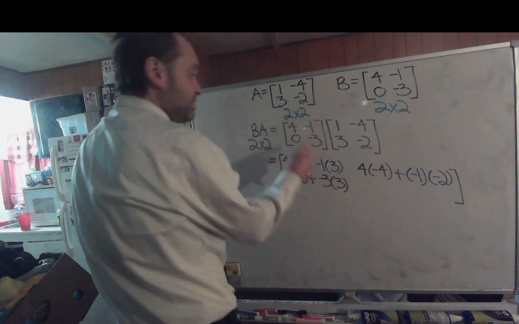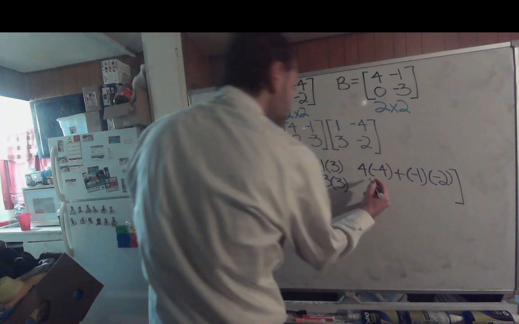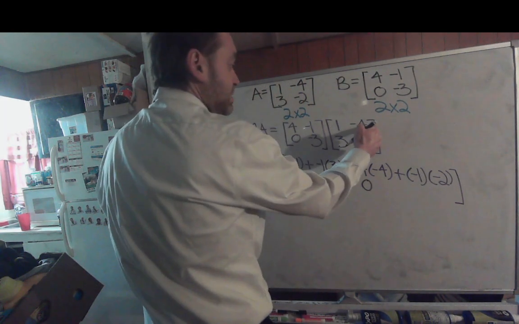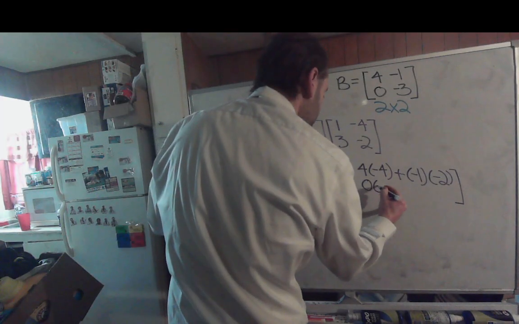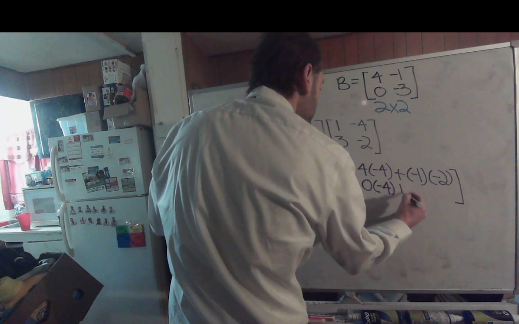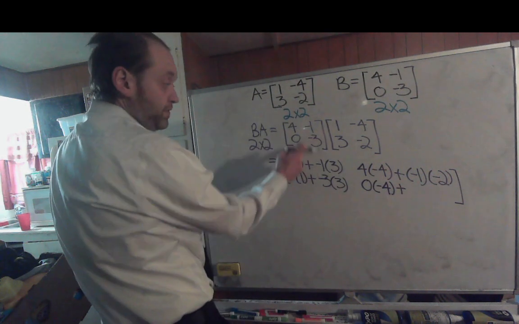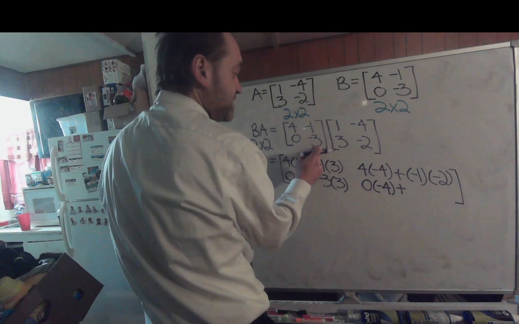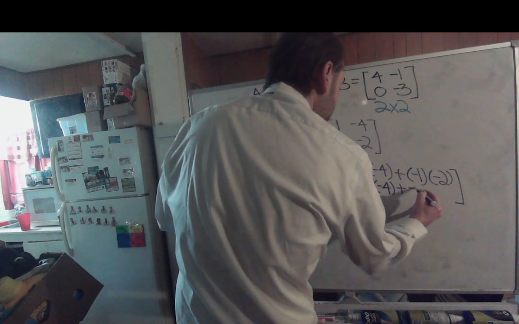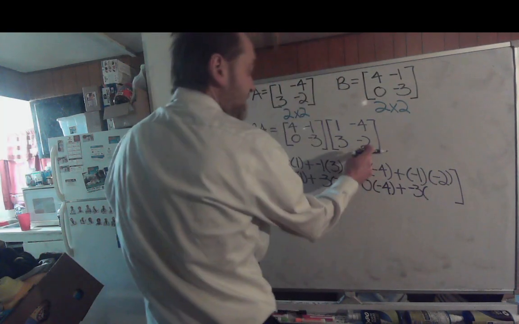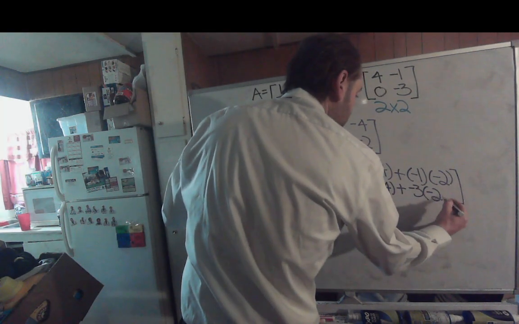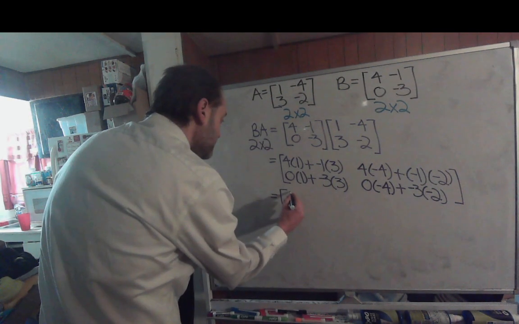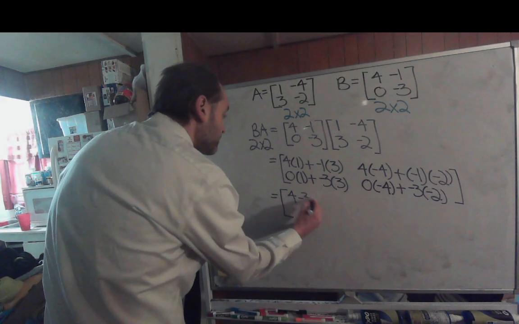Now you'll take the first number in the second row of 0 times the first number of the second column of -4, plus you'll take the second number of the second row, -3, times the second number of the second column, -2, which would turn into 4 minus 3.